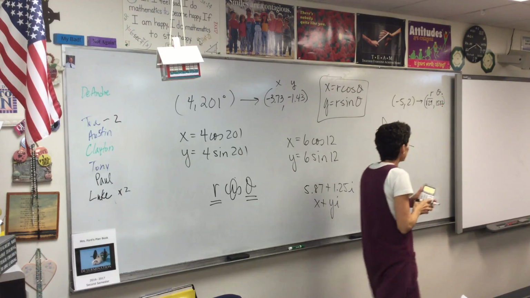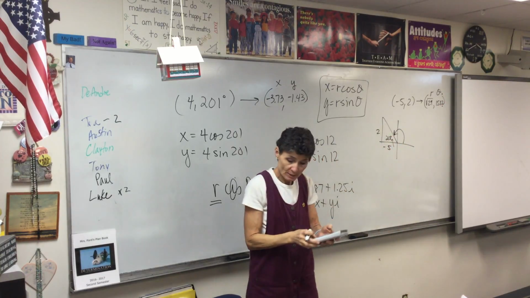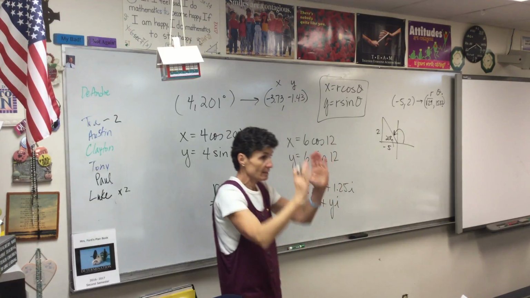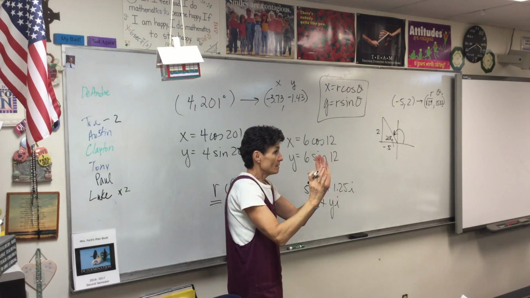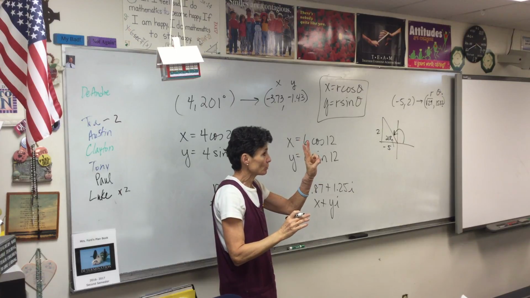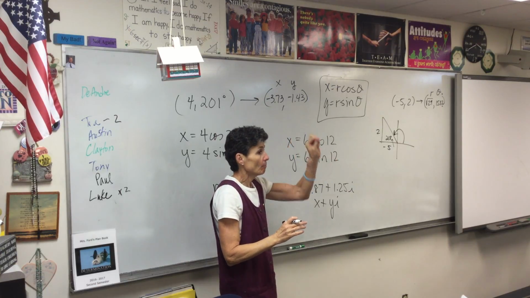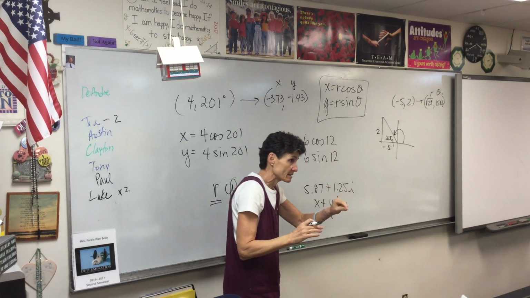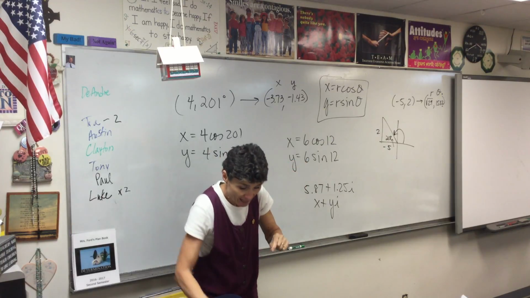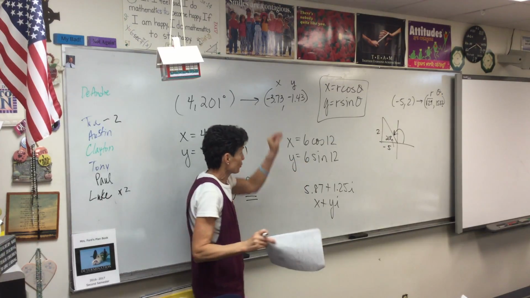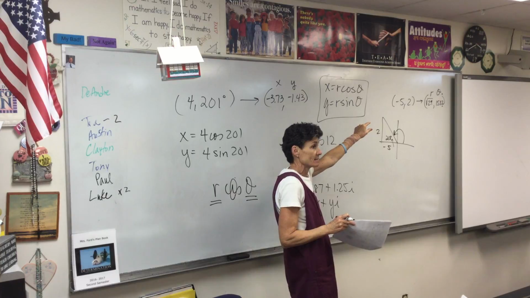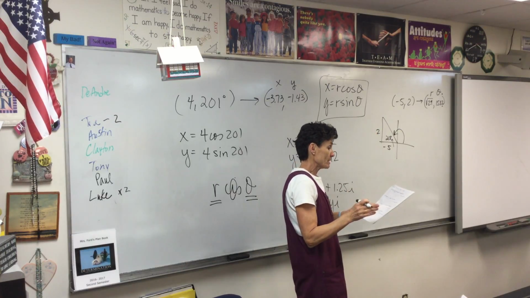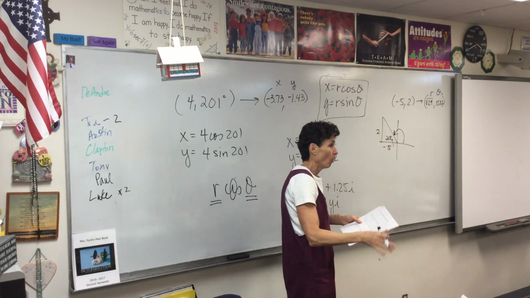Now, notice the way I wrote my answer. Do you see how I wrote it in ordered pair form? Because question number 2 says, find polar coordinates. When it says find coordinates, you're going to write your answer with parentheses. Now, number 3, convert to polar.